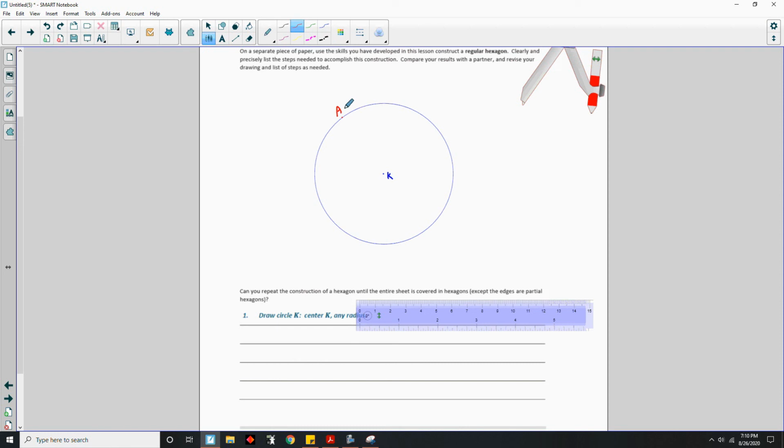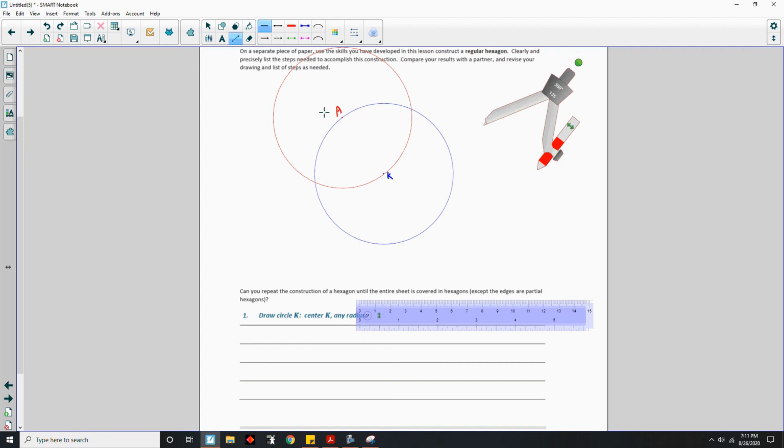All right. Now I'm going to take my compass, move it over to A, and draw a circle through the point K. So now I have two circles.